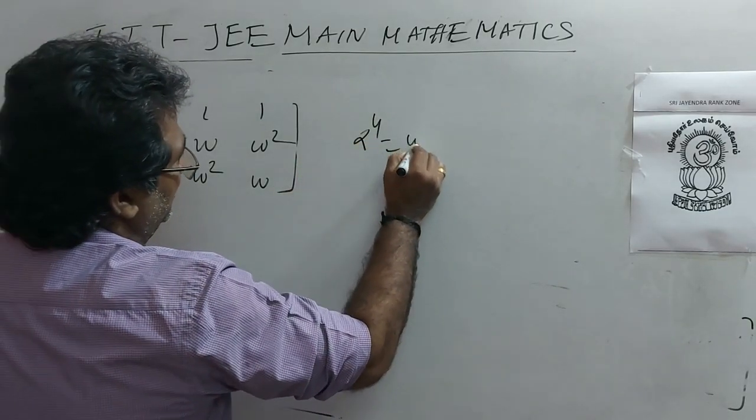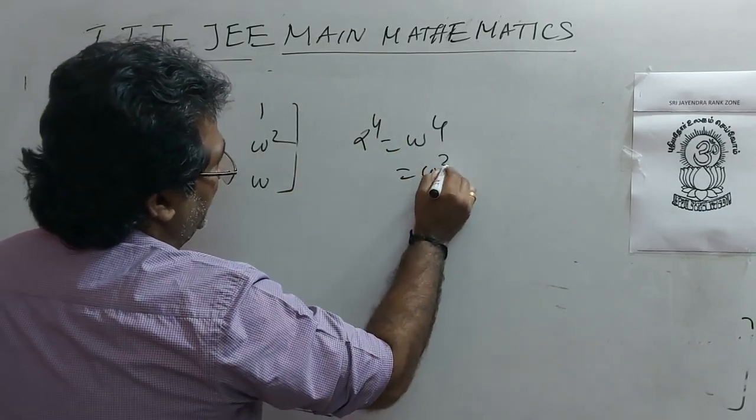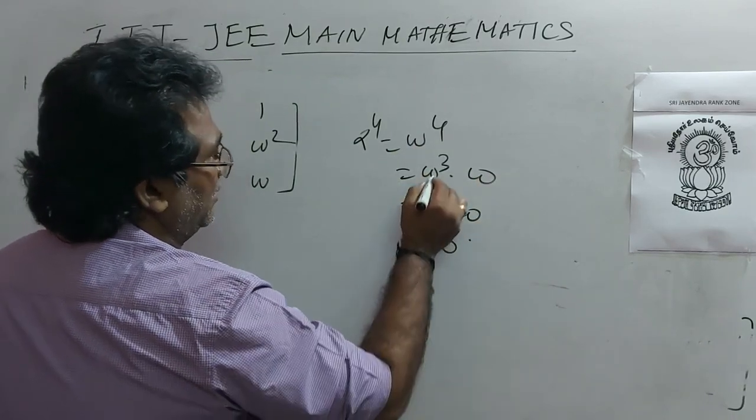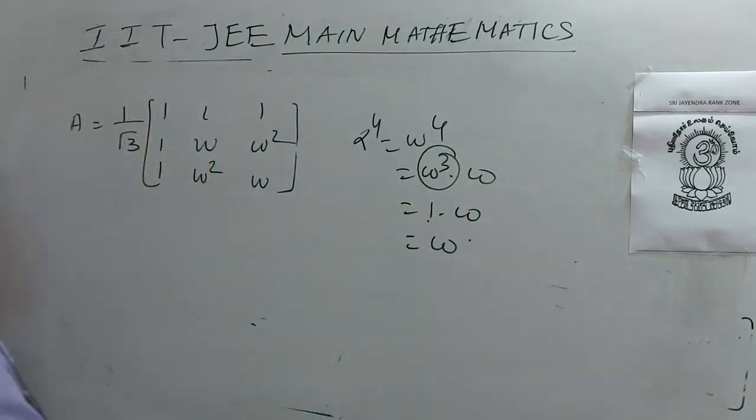Alpha power 4 equal to omega power 4, that is omega cubed into omega, 1 into omega equal to omega. Omega cubed equal to 1, since omega is a cube root of unity. You would have studied this in complex numbers.